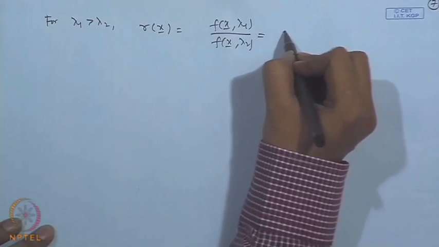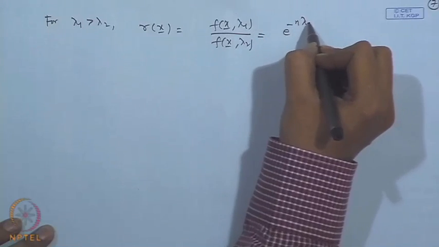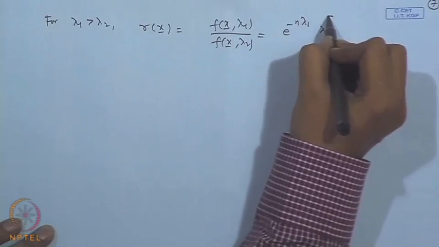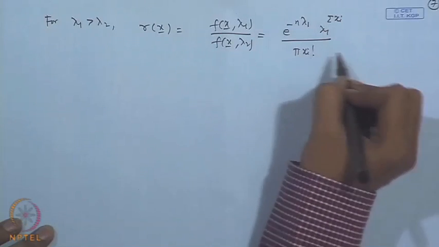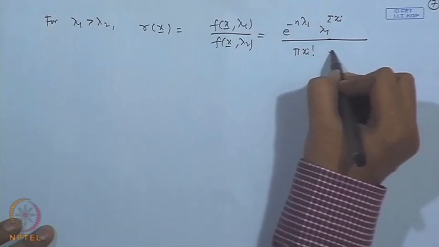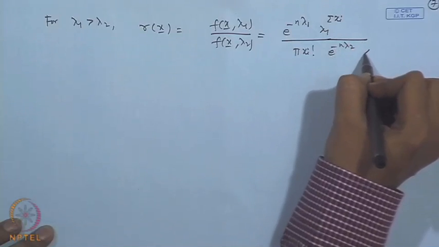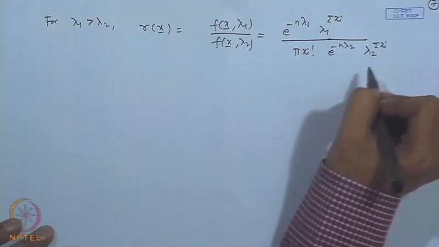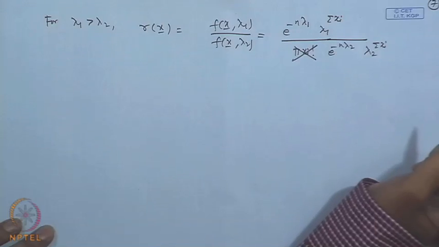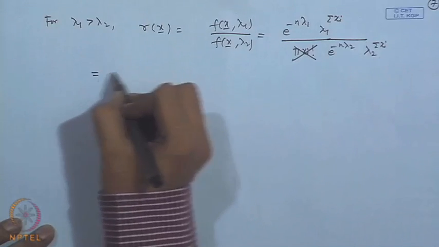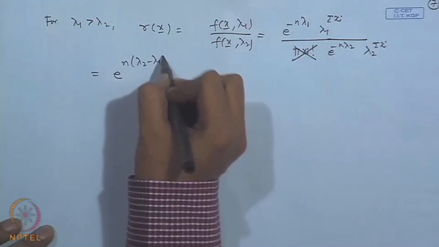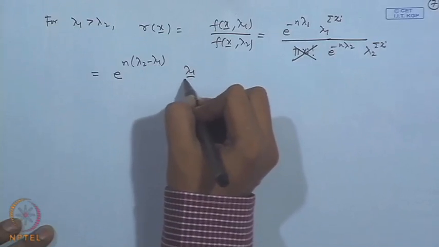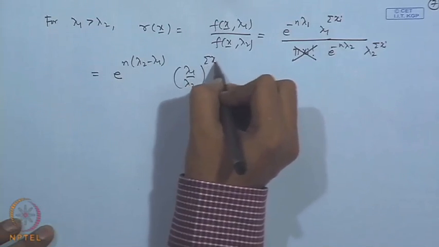So, it becomes e to the power minus n lambda 1, lambda 1 to the power sigma x_i divided by product x_i factorial, divided by e to the power minus n lambda 2, lambda 2 to the power sigma x_i, and the factorial term will get cancelled out. So, we can write it in a simplified fashion as e to the power n(lambda 2 minus lambda 1), times (lambda 1 by lambda 2) to the power sigma x_i.